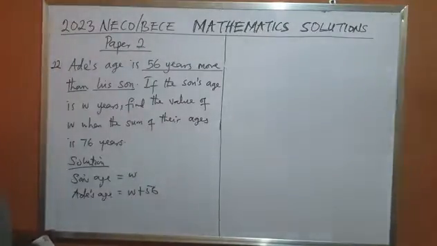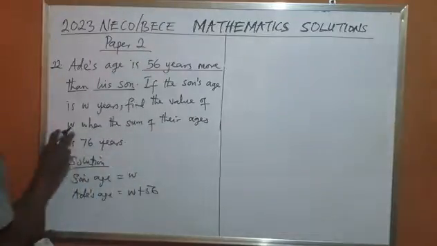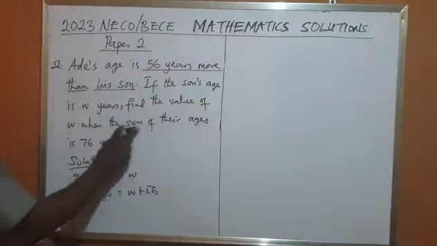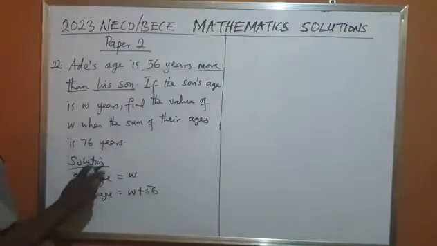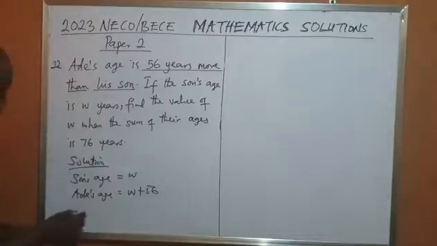Now the question is to find the value of W when the sum of their ages, that is the sum of Ade's age and his son's age, is 76. That is, we need to add.